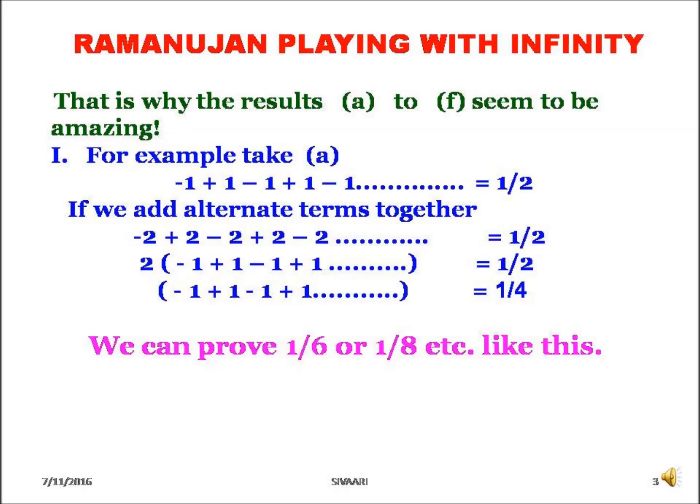Now taking 2 as common factor, we have 2 into minus 1 plus 1 minus 1 plus 1 etc. is equal to 1 by 2. Now 2 can be taken to the right hand side, then we get minus 1 plus 1 minus 1 plus 1 etc. is equal to 1 by 4. Similarly, we can prove 1 by 6 or 1 by 8 etc. like this.